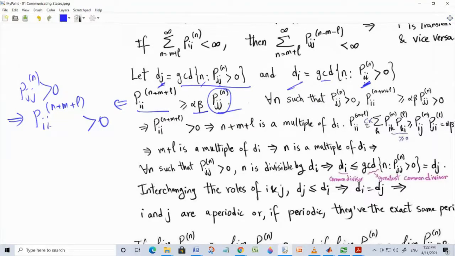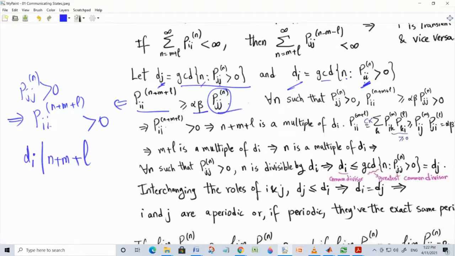So for every n that makes b_jj strictly positive, d_i divides n plus m plus l, which means that n plus m plus l is a multiple of d_i, or is divisible by d_i by definition.